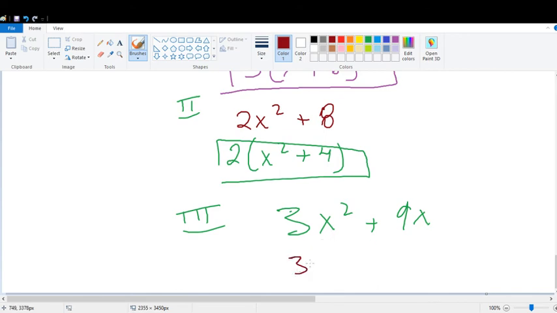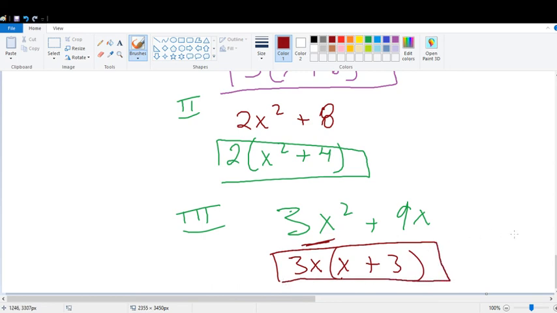For example, 3x times x is 3x squared. 3x times 3 is 9x. So I have these two factors. All right, so we are factoring using the distributive property.